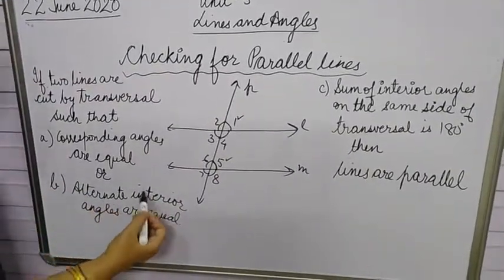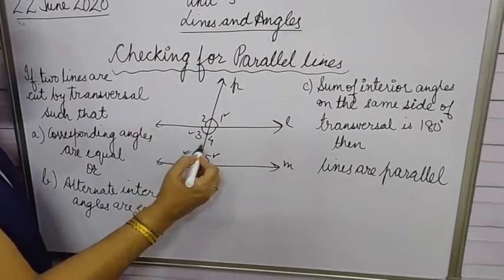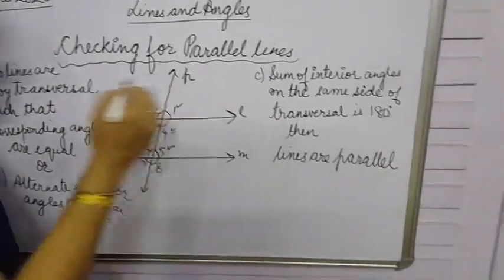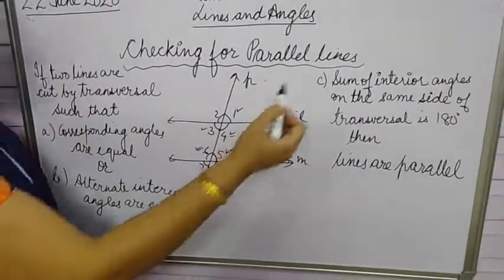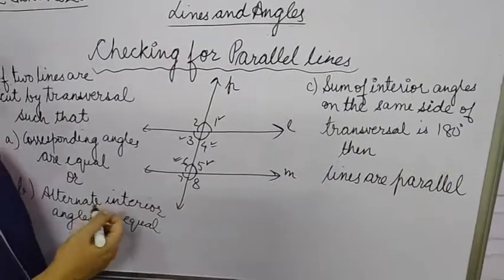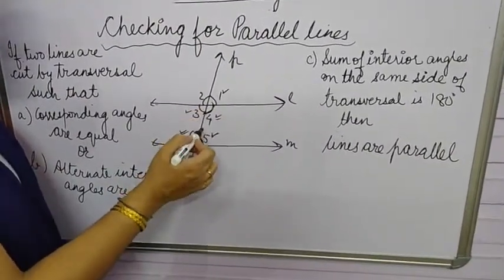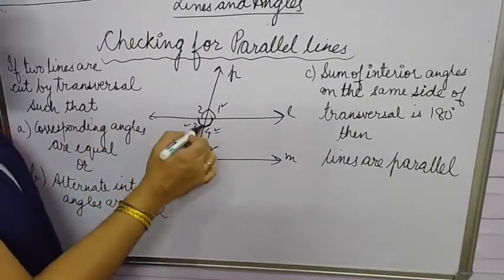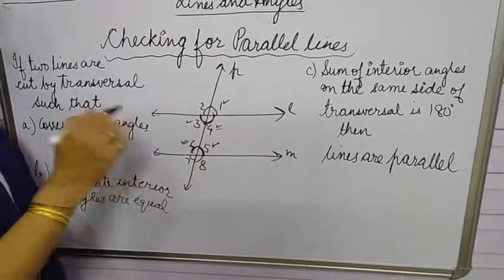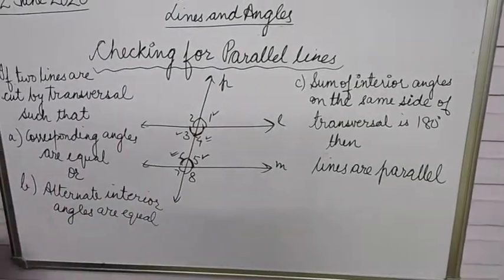And if alternate interior angles are equal, if any pair of alternate interior angles is equal, then also lines are parallel. Or if the sum of interior angles on the same side of the transversal is 180, if these two angles, their sum is 180, means if they are supplementary, or this pair you get that is supplementary, then we can say that lines are parallel. Now listen carefully.